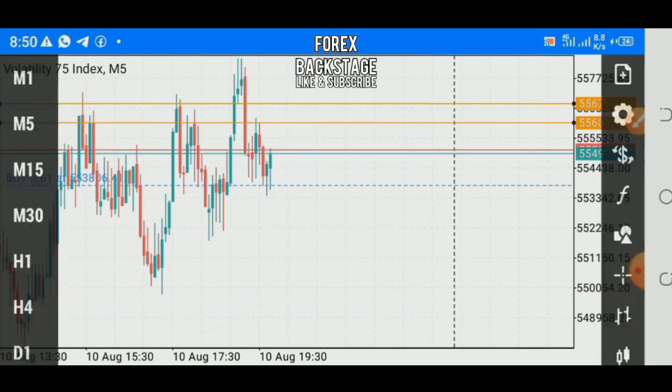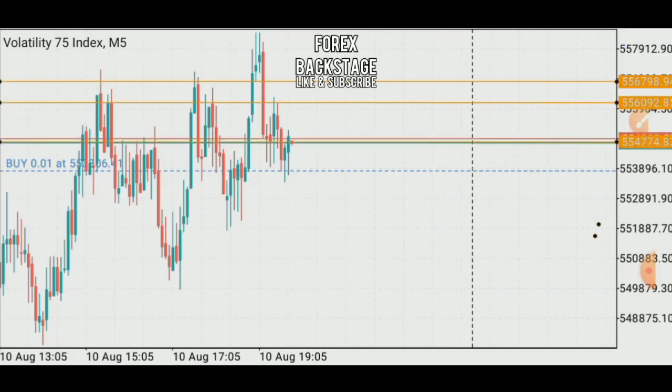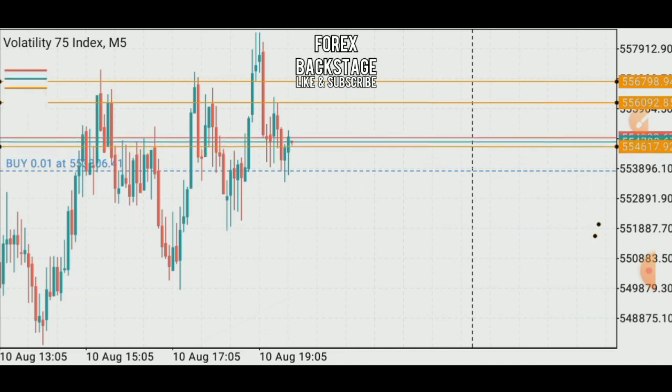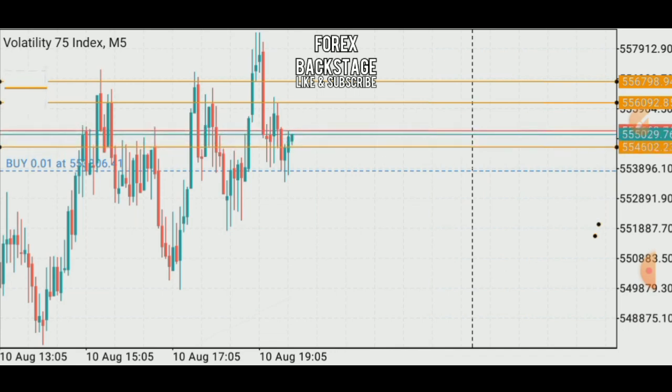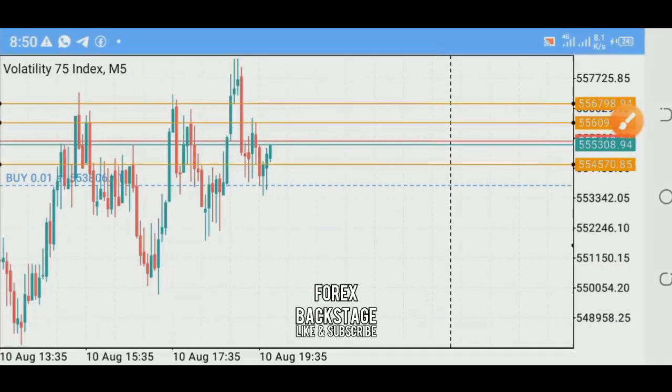Okay, let's see this here, right here. Good, we have it here. We have this third line right there serving as both support and resistance. Let me show you what I mean by serving as both support and resistance.